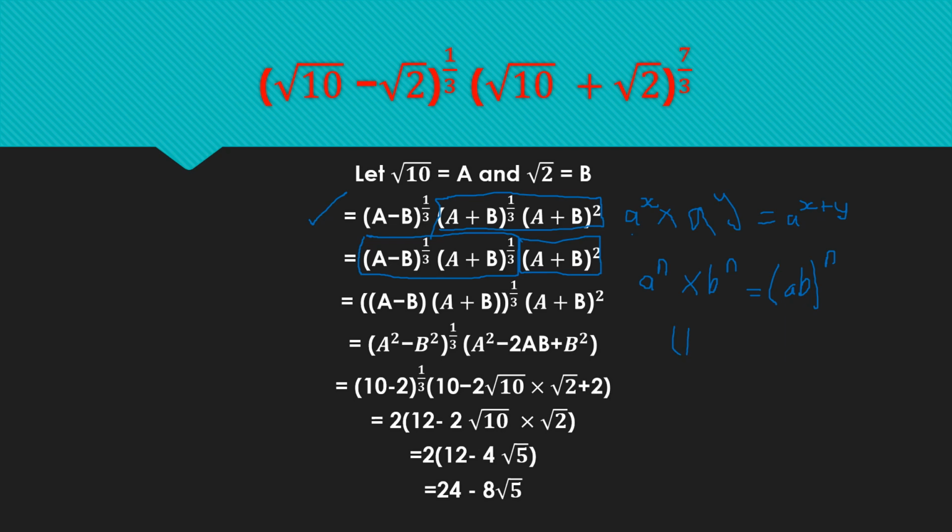Bracket a plus b to the power of 2 is equal to a squared plus 2ab plus b squared.